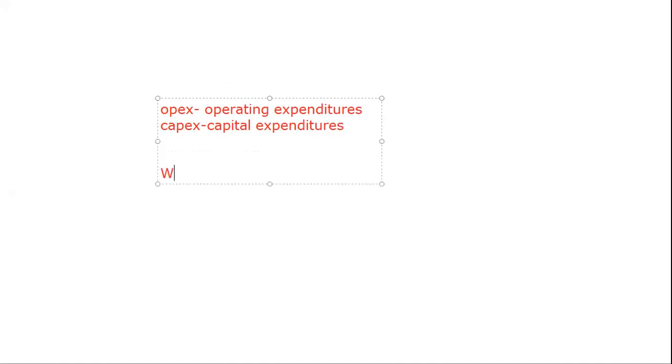Okay, let's take an example of when you buy a mobile phone. What is it? Is it operating or capital expenditure? Capital. It's a capital expenditure. So when you buy the smartphone, it is your capital expenditure.